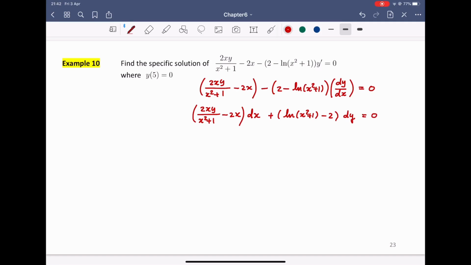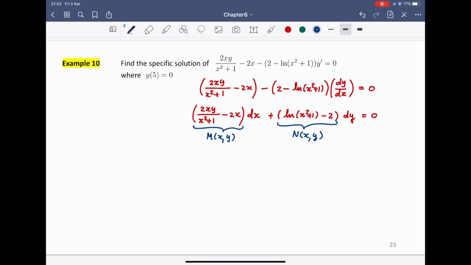That looks better now. Alright, so now we have a standard form of differential equation. So this is my M(x,y) dx plus N(x,y) dy. Alright, first let's check that this is an exact differential equation.